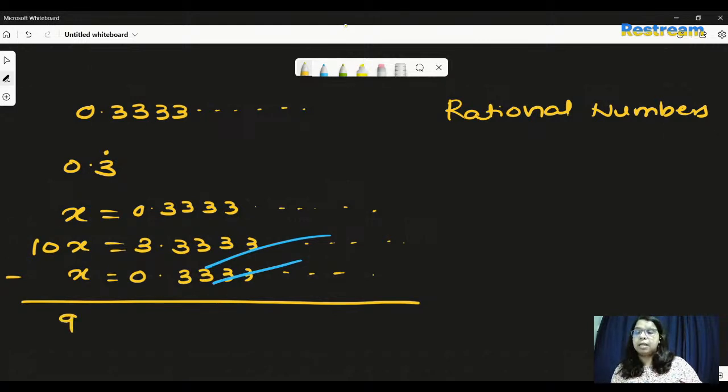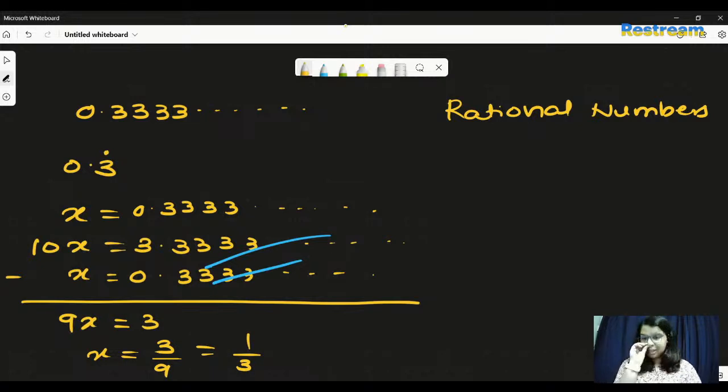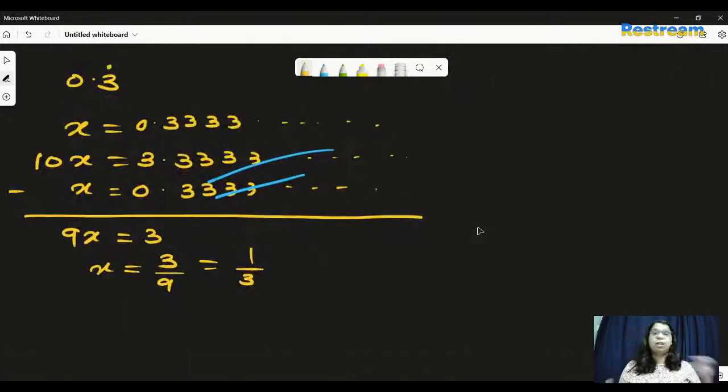And you get 9x is equal to 3. So x is equal to 3 by 9, which is equal to 1 by 3. So this is how we convert a recurring decimal into a fraction. It's quite interesting. There are many variations of these kinds of questions. So you can try them.